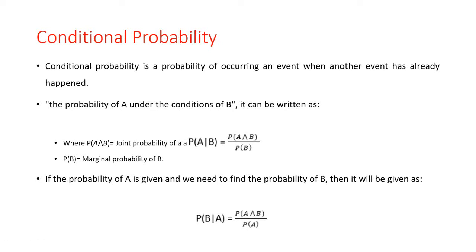So the probability of A under the condition of B can be written like this: probability of A given B is equal to probability of A and B divided by probability of B.